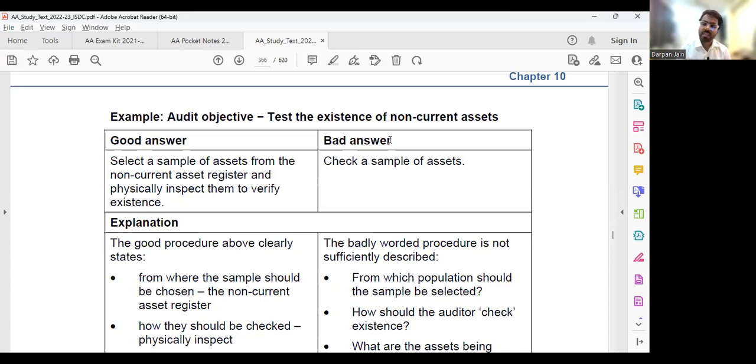Let's say plant and machinery, and let's say the company has 25 different plant and machineries. Now, the breakup of each machinery's value will not be given in the financial statements, right? In the balance sheet, the value of all the plant and machinery put together will be given. Correct? I hope you know this.